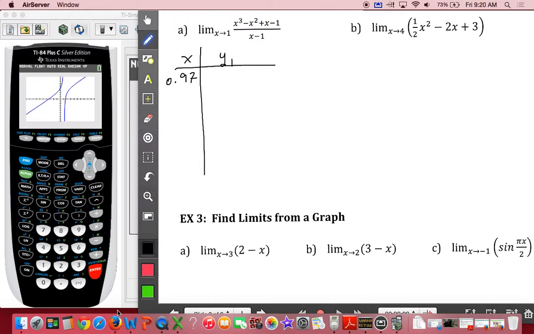There's 1. 0.98 and 0.99. Aren't I getting closer and closer to 1, but I didn't hit 1? Right? Then in the middle, I want you to put 1. So I'm going to put 1.00, and then what's a number that's bigger than 1 but really, really close? 1.01, 1.02, and 1.03.